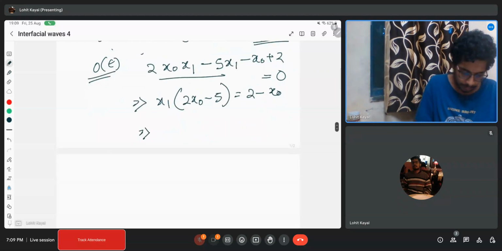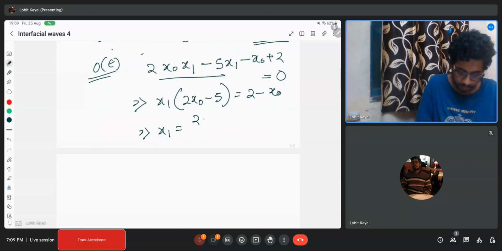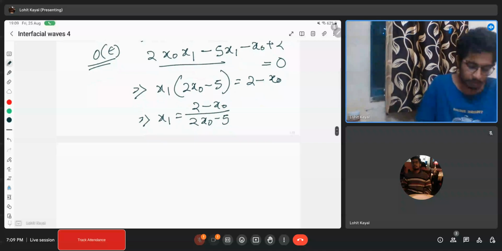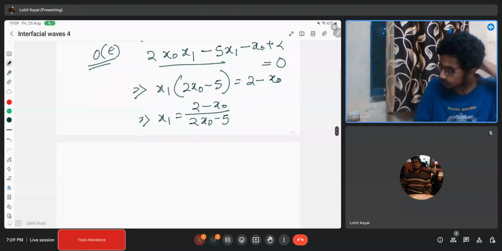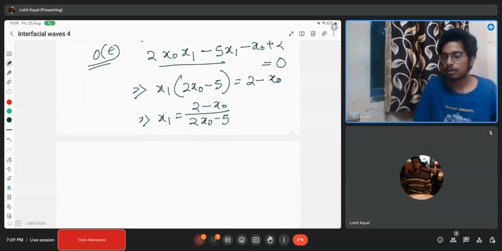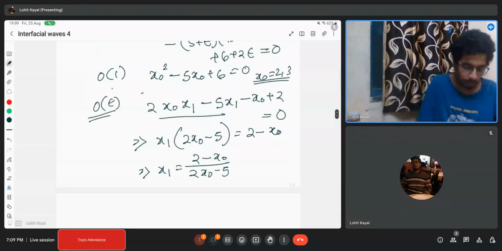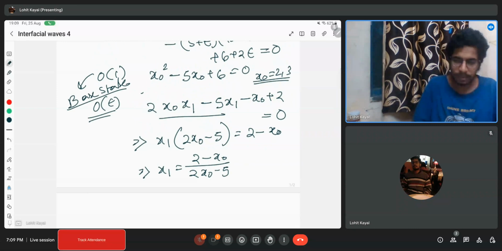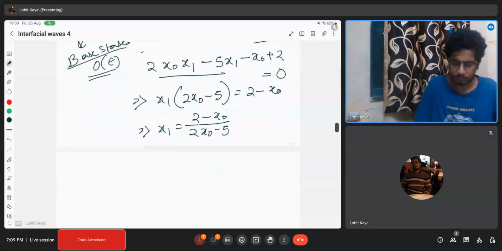So x1 equals (2 minus x naught) divided by (2 x naught minus 5). Since the order 1 equation is quadratic, we have two base-state solutions. Remember that order 1 is the base state.